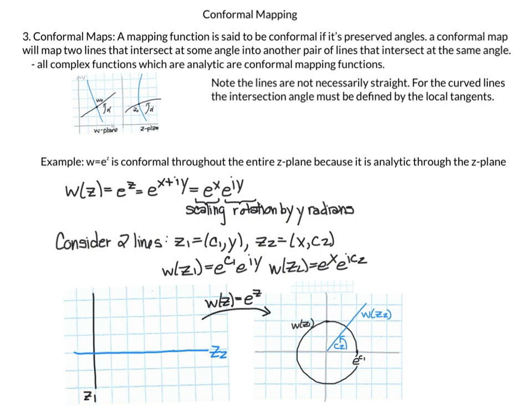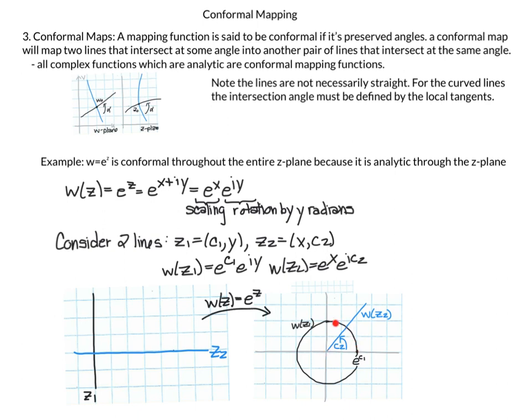So z1 gets taken to a circle, and all vertical lines get taken to circles of radius e to the c1, whatever the x-axis coordinate is. The horizontal lines now get taken into rays that come from the origin. Looking at the angles, here we have a 90-degree angle.